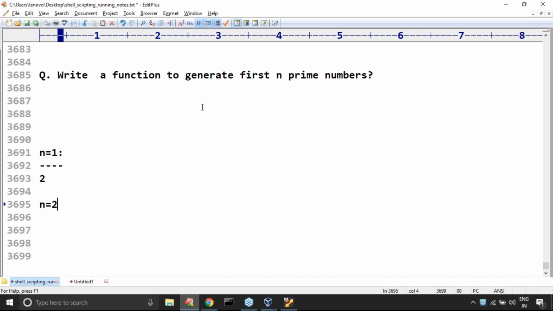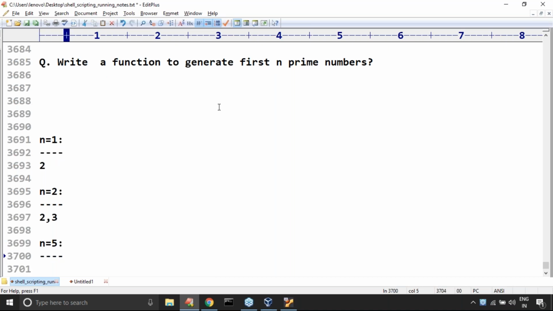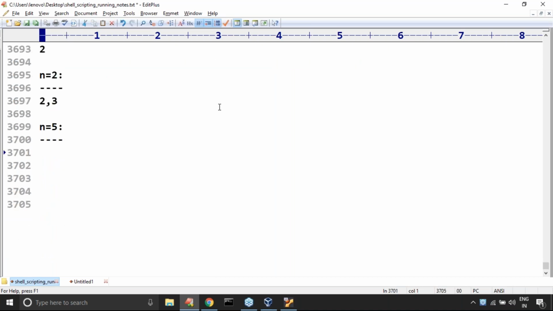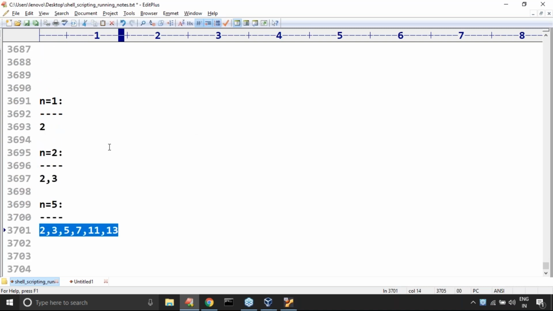If n is equal to 2, the first 2 prime numbers are 2, 3. If n is equal to 5, the first 5 prime numbers are 2, 3, 5, 7, 11.